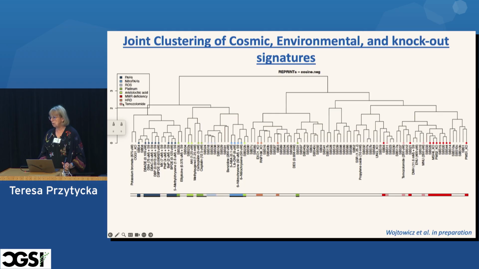Those are colored by various colors: homologous recombination deficiency is red, aromatic environmental factors are dark green, reactive oxygen species are blue, and so on.